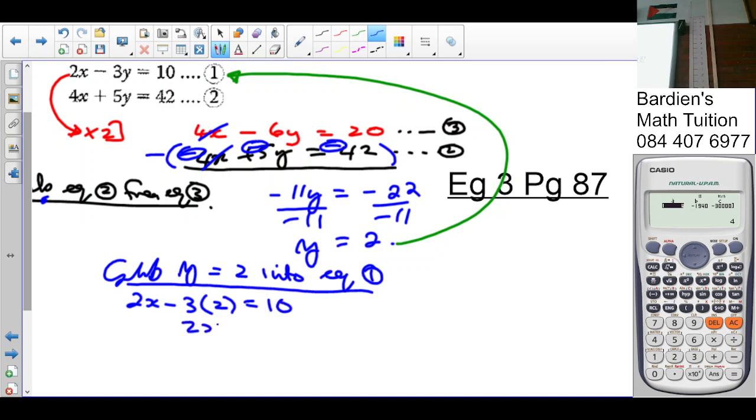So it's 2x is equal to, what is negative 3 times 2? Negative 6. Take that over, becomes 10 plus 6, which is 16. Divided by 2 both sides. So x equal to, and of course you now know how to test. Okay? You all understand?